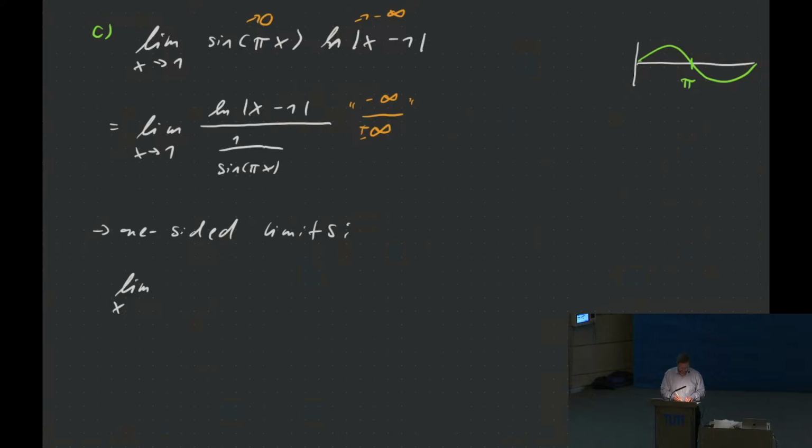So let's first try to compute the limit as x tends to 1 from above. So in particular, that means x minus 1 is positive. Right? x is greater than 1. Okay, so that means we have to compute this limit here. Let me just write that down once again, over 1 over the sine of pi x.